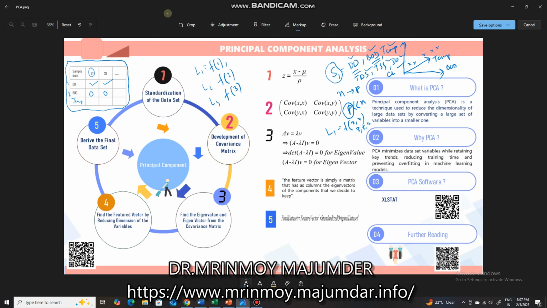So principal component analysis tries to reduce the dimensionality of the samples to a lesser dimension, however without compromising the adequate information to represent the sample.